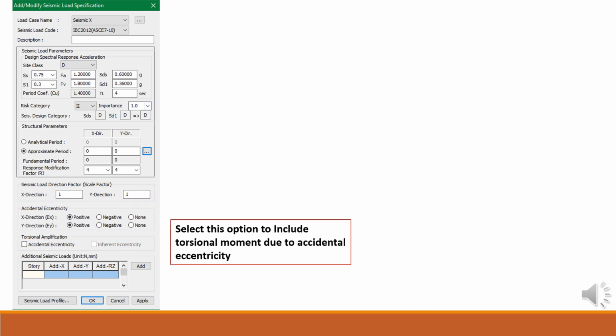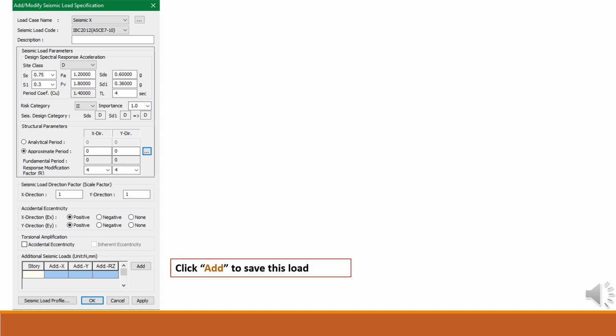Select this option to include torsional moment due to accidental eccentricity. Click Add to save this load.